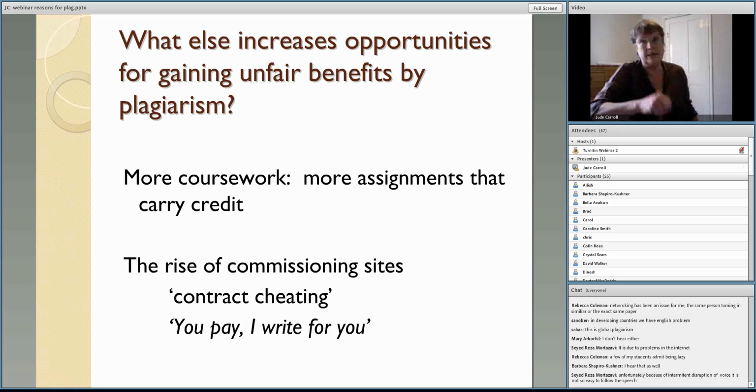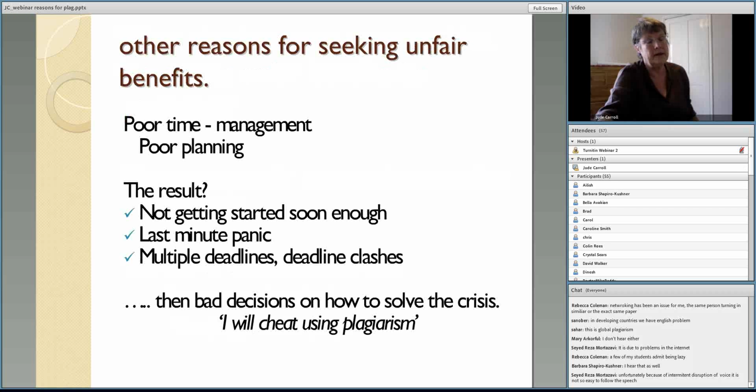By commissioning sites, I mean what some people call contract cheating. It's basically you pay, I write. It's students who can contact sites that write for them, that they pay money and somebody writes it and they submit it, the students submit it as if it's their own. We certainly have lots more commissioning sites. Not really sure how many more, not really sure what the impact is of these commissioning sites, but there are certainly a lot of them.